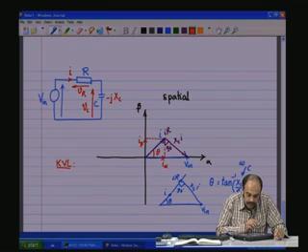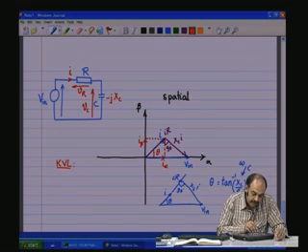Now, we can extend it by saying that in the steady state, if you are doing sinusoidal analysis with vectors, the vectorial sum of voltages across the components in a loop will add up to 0, or the vectorial sum of the voltages of all the components should add up to the input vector, which is what is happening here.